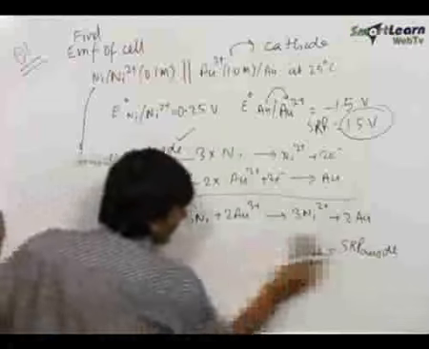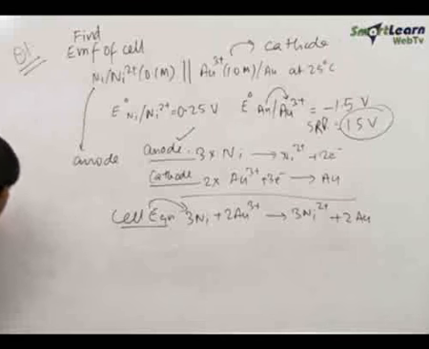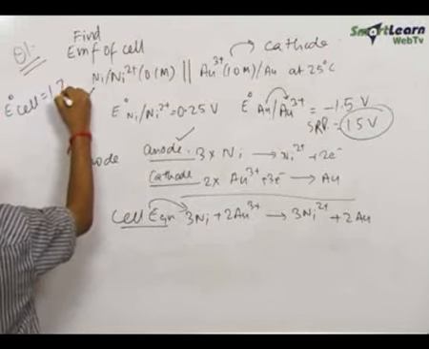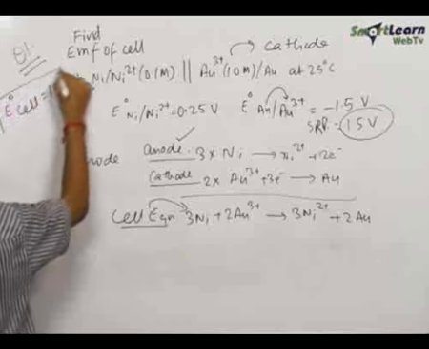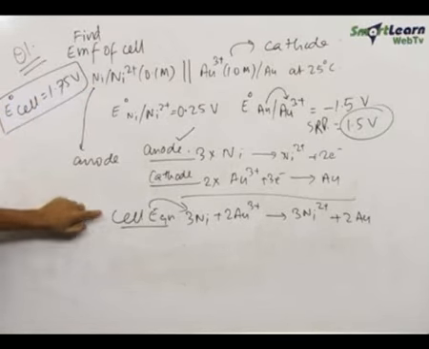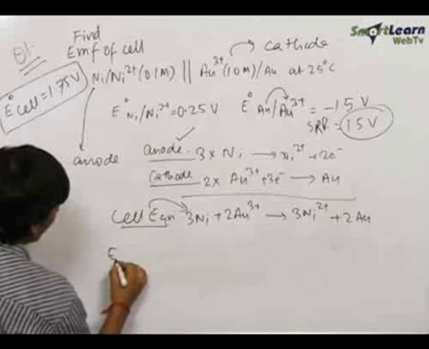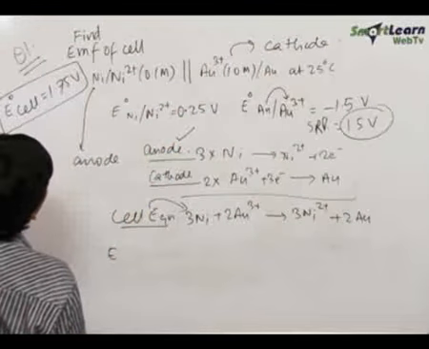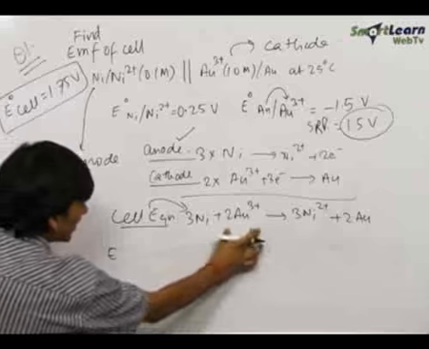Now let us solve it further. We know E naught cell is equal to 1.75 volts. Now we need to find out the EMF of the cell at this particular temperature with the given concentrations of gold 3+ ion and nickel 2+ ion, and we have the cell equation.